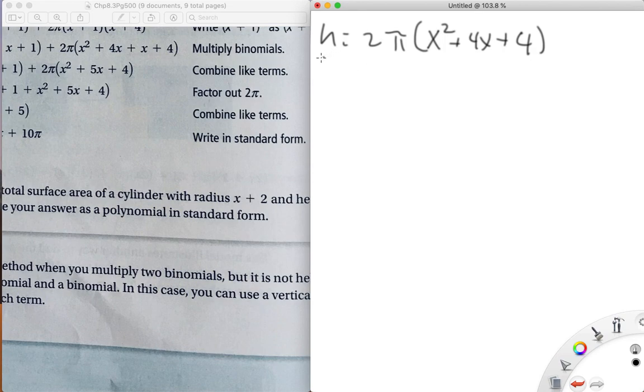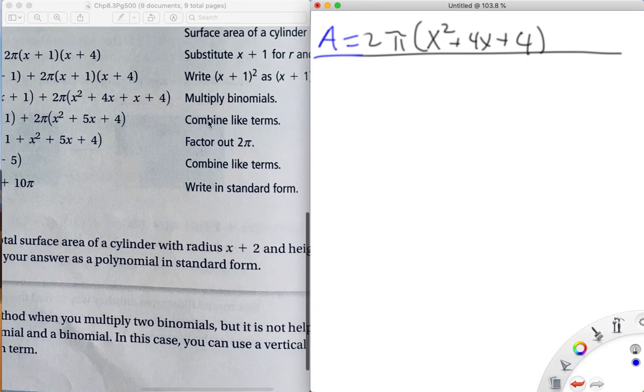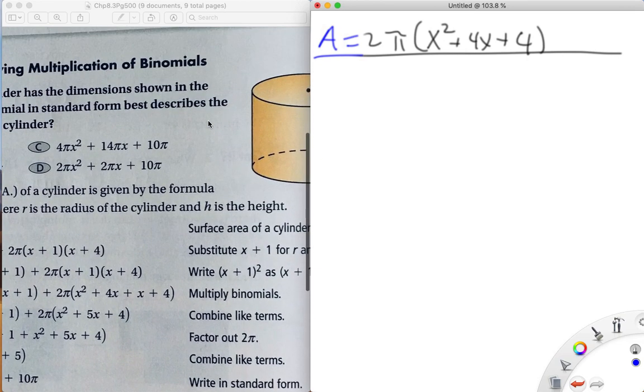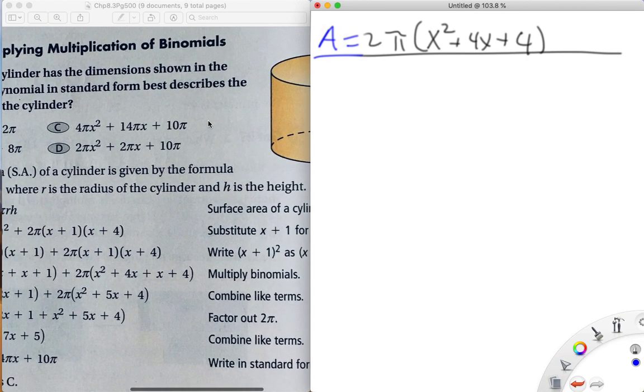Alright, so the other part of the surface area was the circumference part, the 2 pi r h.